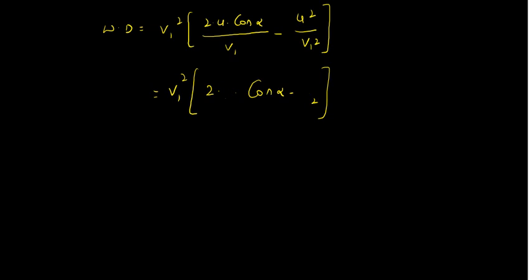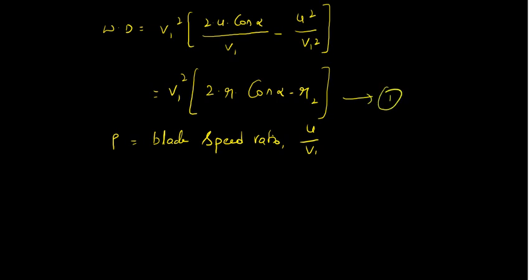I'll correct it. Is this clear now? Yes. Now here we'll write a relation for the blade speed ratio, U by V1. Right? Always remember this relation for work done.